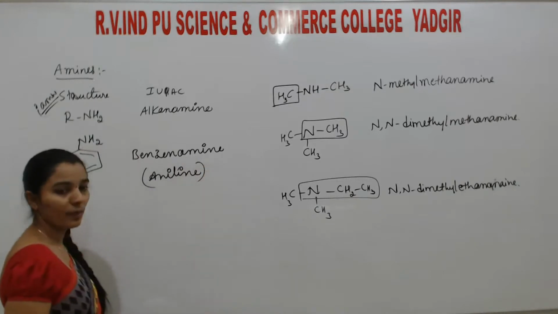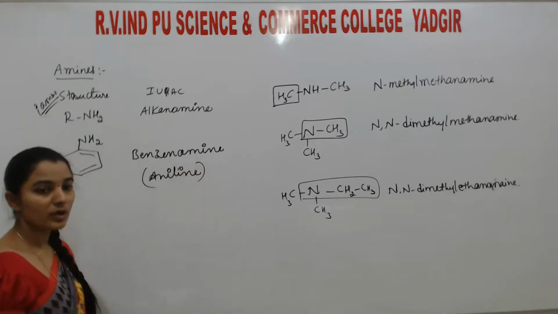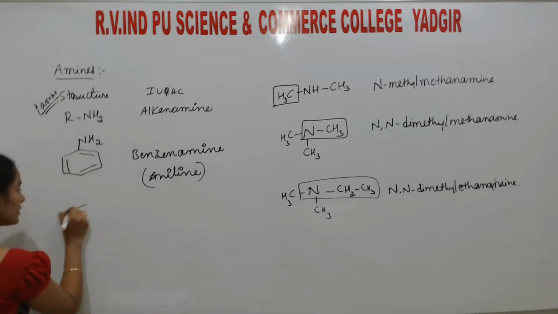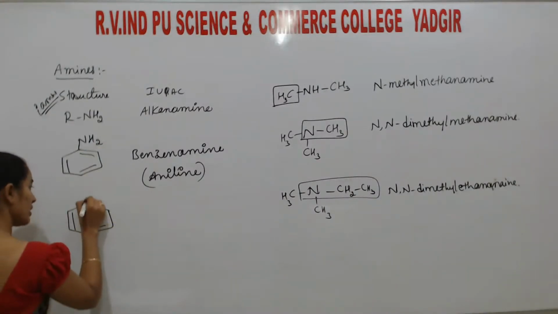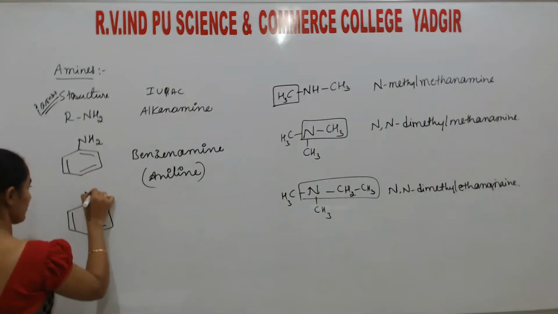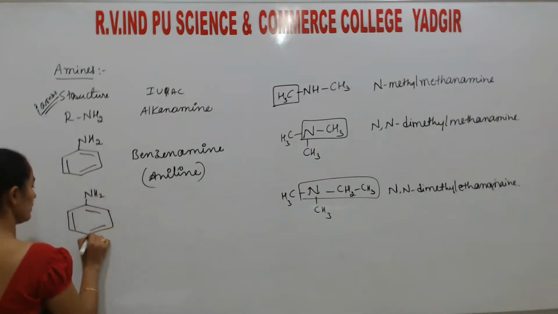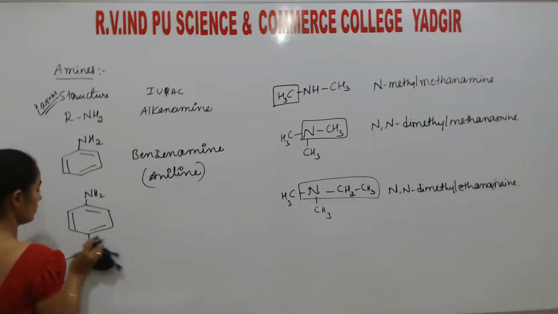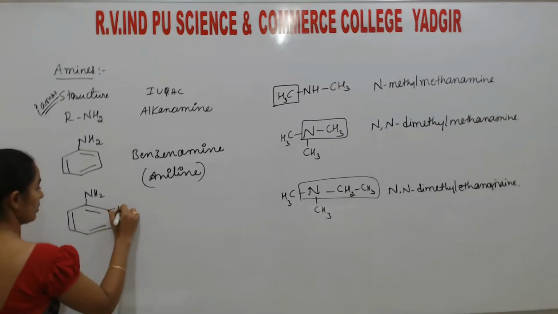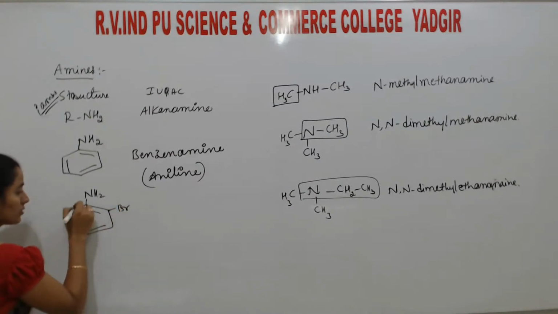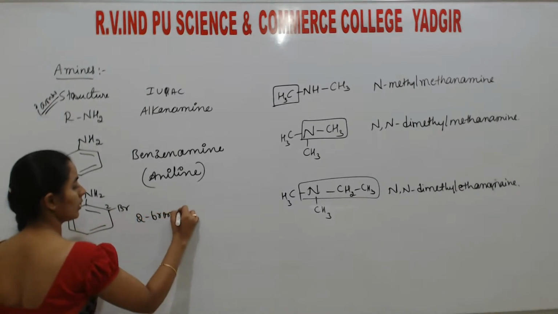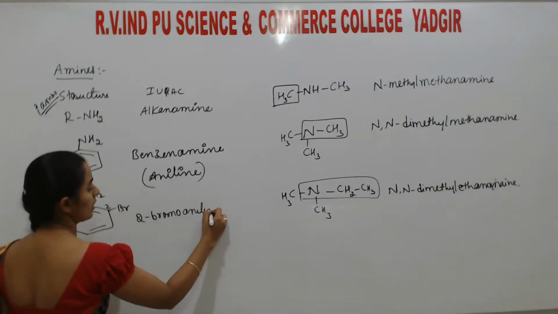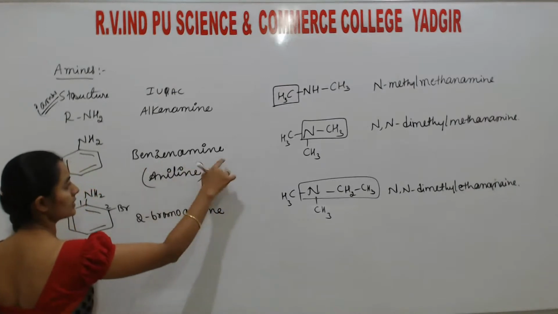Benzene amine is the IUPAC name. The common name is what? Aniline. So if to this benzene, if any groups are attached, for NH2 is there, here Br is attached. Okay, so this is first, this is second means 2-bromo aniline, you may write, or 2-bromo benzene amine.